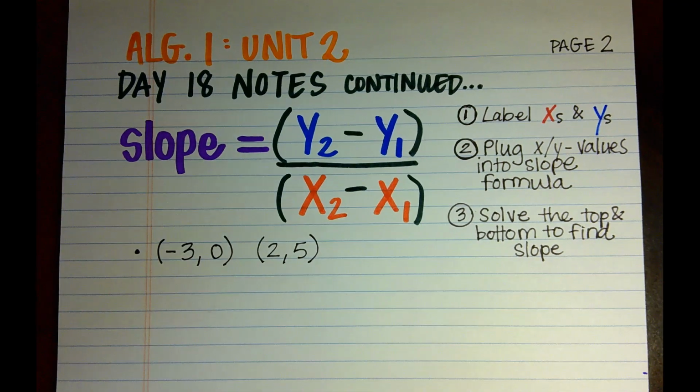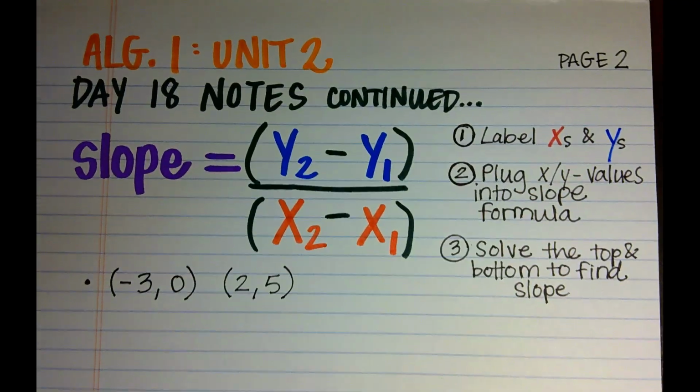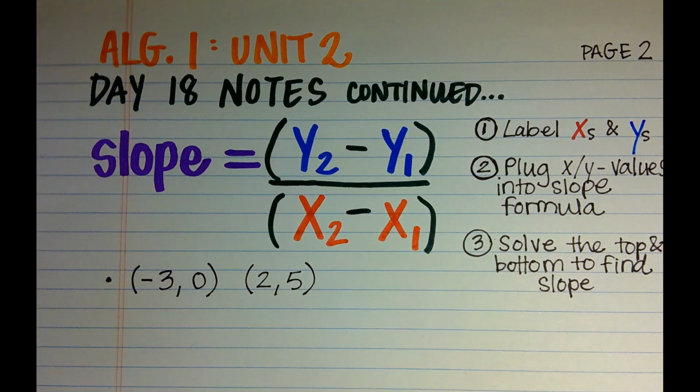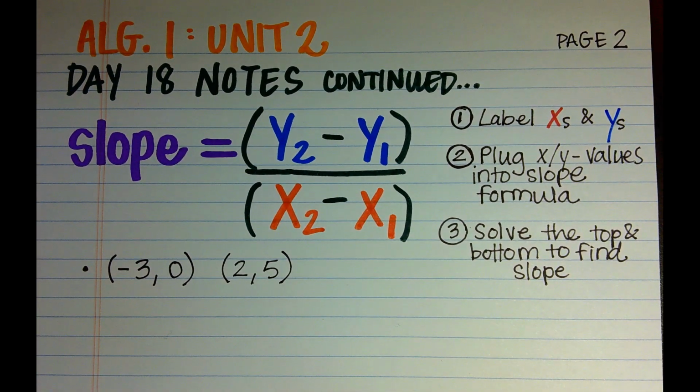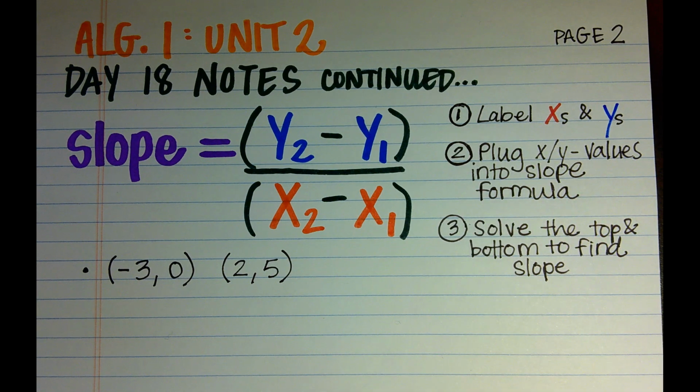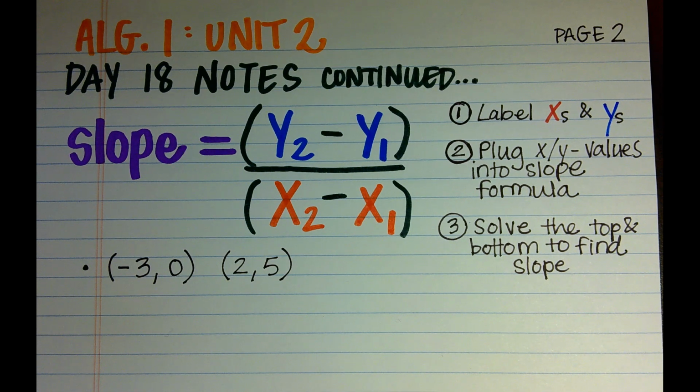There's some steps you can follow. So using this formula, using these 3 steps, let's start with step 1, labeling our x's and y's again.